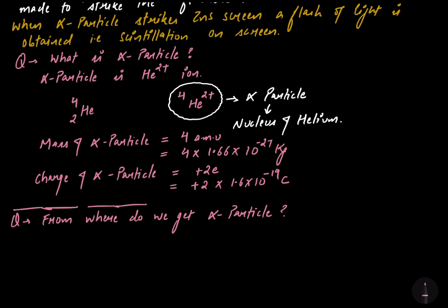Firstly, helium. A simple helium atom has mass number 4 and atomic number 2. It's a noble gas atom with a stable electronic configuration.